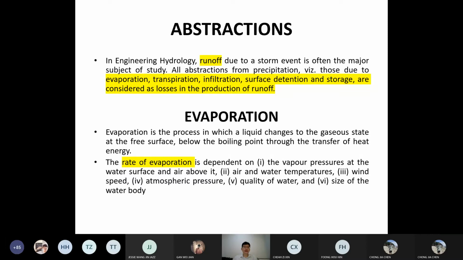Once the temperature is higher, the water molecules are able to escape to the air, and the water will be less and less in your bowl. Another thing is if it's windy, this will speed up the process. The rate of evaporation depends on the vapor pressure at the water surface and in the air above it, air and water temperature, wind speed, atmospheric pressure, quality of water, and size of the water body.